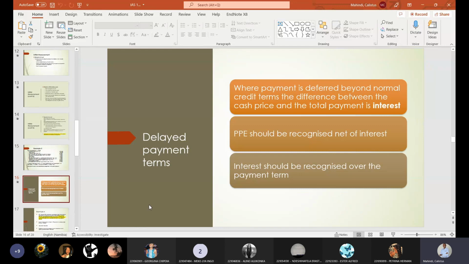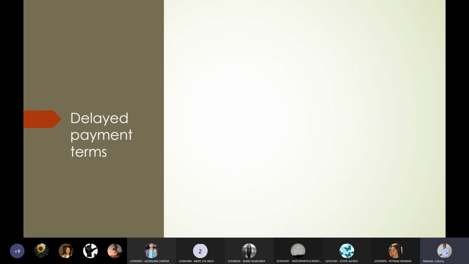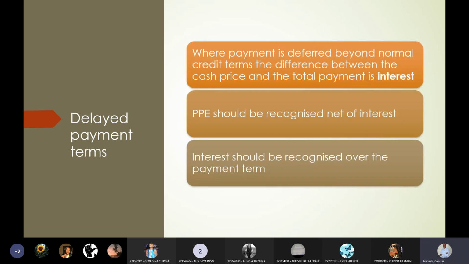All right. So we looked at the initial measurement of PPE, but let us look at another concept that might complicate the measurement of PPE, and these are delayed payment terms. When we talk about delayed payment terms, this is where the payment is deferred beyond the normal credit terms.